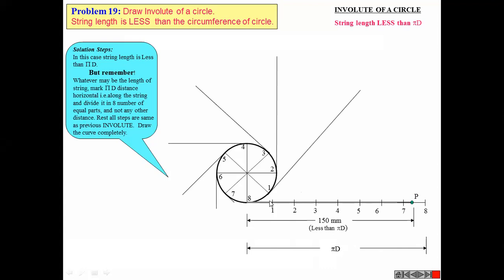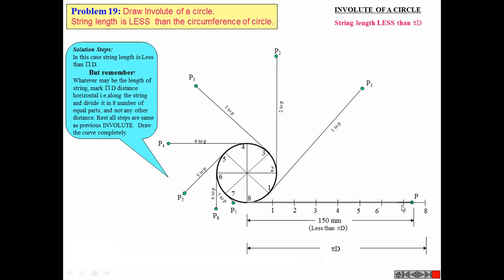Then 1 to p distance, and mark it on the one line, that is here, and 2 to p, 3 to p, 4 to p, 5 to p, 6 to p, 7 to p. Now there is no 8 to p. We can't go in reverse direction. 8 is beyond p. So we can't have the last point because it is not matching ultimately.